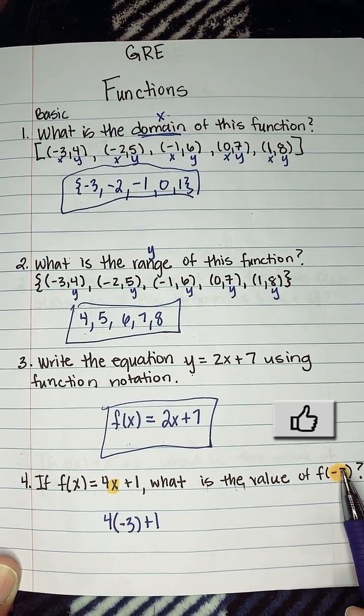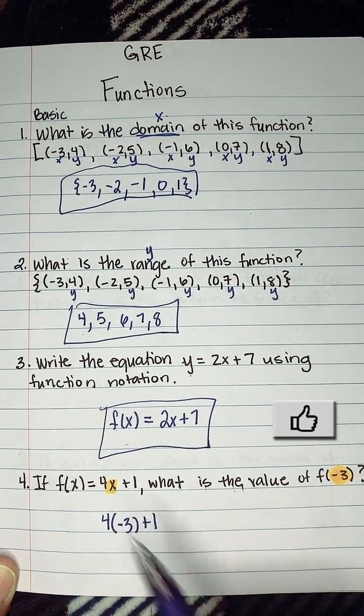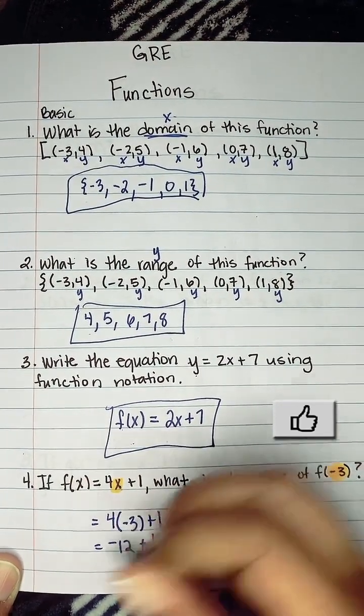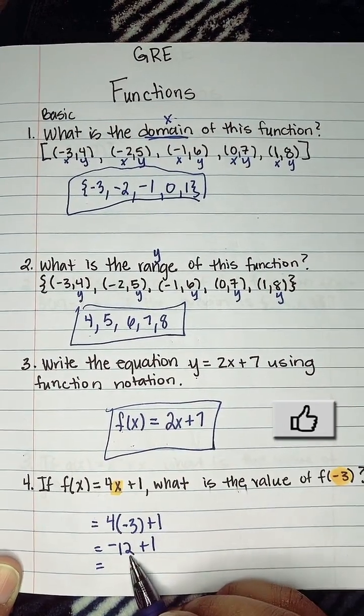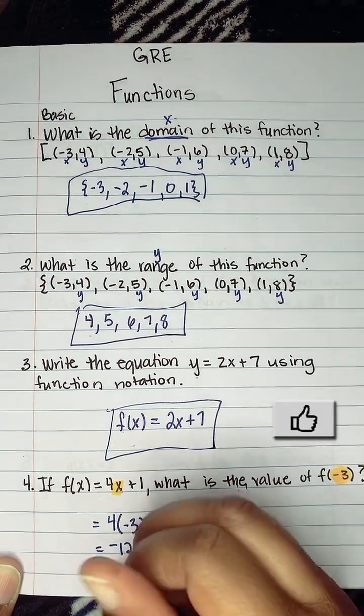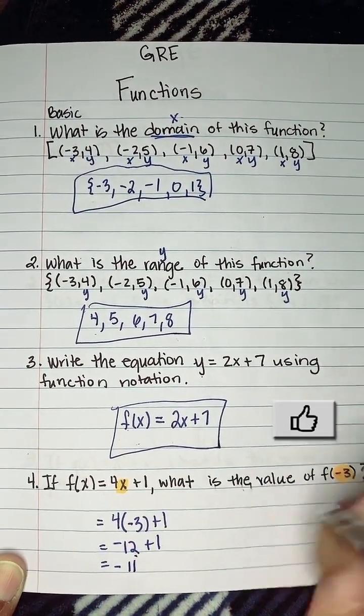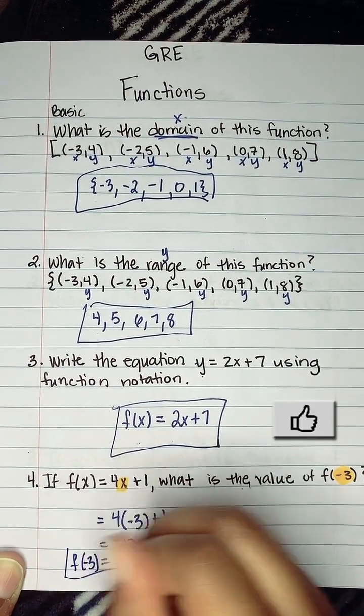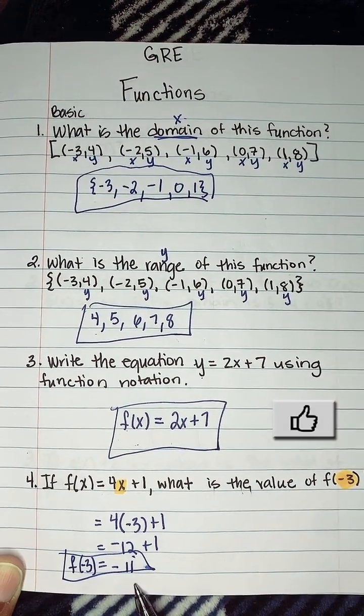You're plugging in -3 for the x. And we get -12 plus 1. Somebody owes you $12. They paid you $1. They still owe you 11. And then you can just write this as f of -3 equals -11.